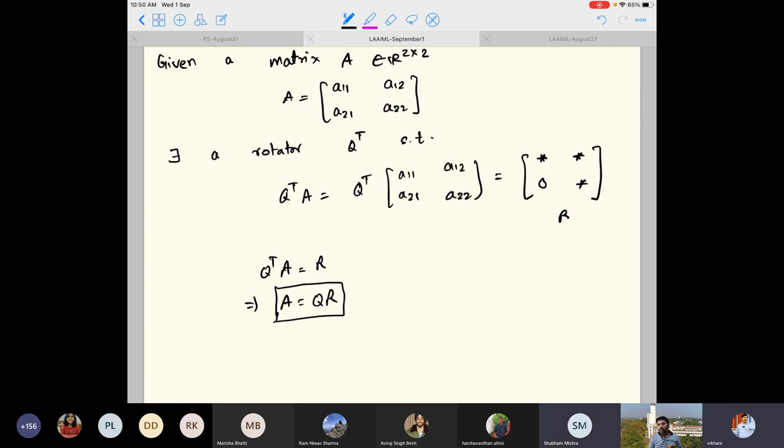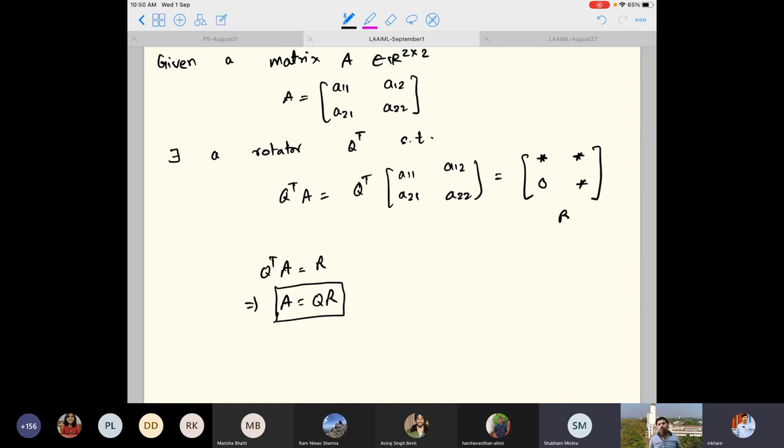Is it like you are rotating the columns of A such that one of the columns falls on an axis? No, I am not rotating the columns of A. I am picking up a column of A, the first column, and that column I am rotating. The way I am finding matrix Q is by rotating one particular column. I am not doing everything together. One by one I am doing, and that too entry by entry.